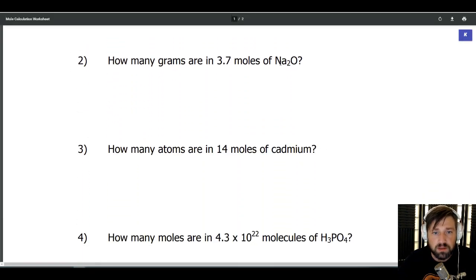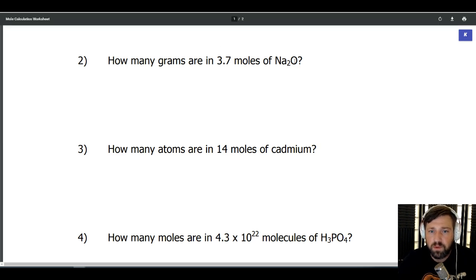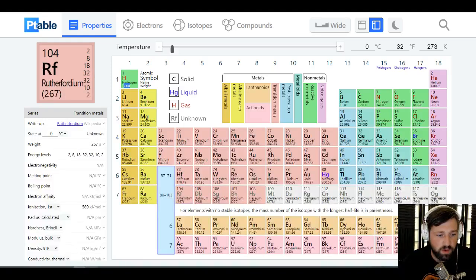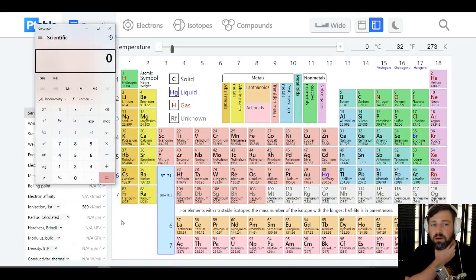Same thing. How many grams are in 3.7 moles of sodium oxide? So this is sodium oxide. If you don't know the names for these things, don't worry, we'll get there. Sodium oxide is going to be Na2O. So let's head over to the periodic table. Get a calculator out again.